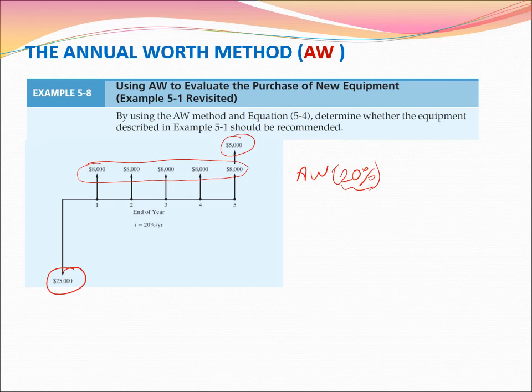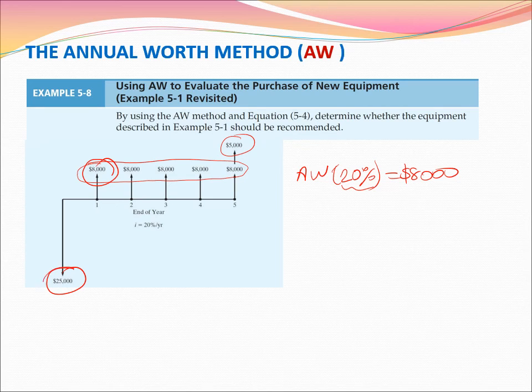Let's start with the easiest one, which is 8,000. It occurs at each year. So for this annual worth, 8,000, we don't need to do any calculation. We just keep it as it is because it is already an annual equivalent.